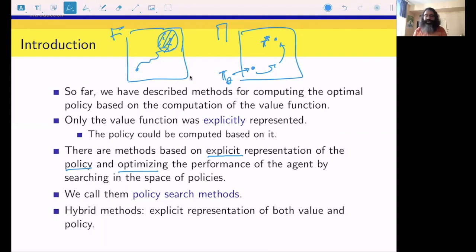So this is the idea. And we will see that there are some benefits sometimes to doing this. For example, if we want to work with large function problems with large action spaces, doing this might actually be easier.